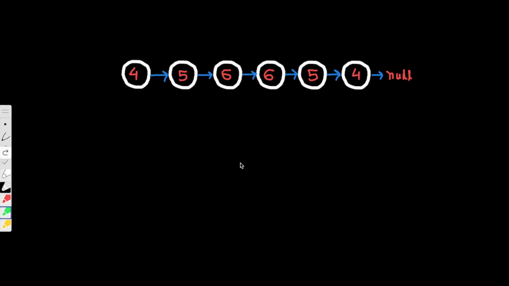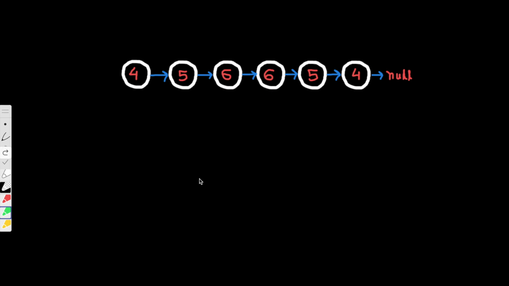So in our optimized strategy, we'll find the middle node by using the two pointer technique, and then we'll reverse the second half, okay, and then finally compare it with the first half. Okay, so let's walk through this approach with this example.